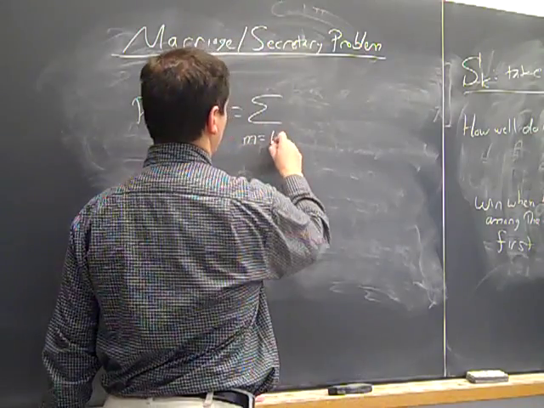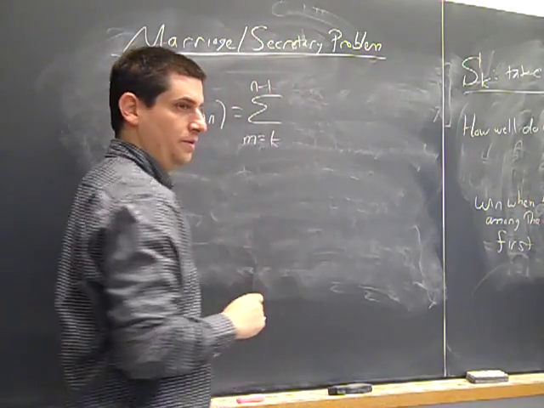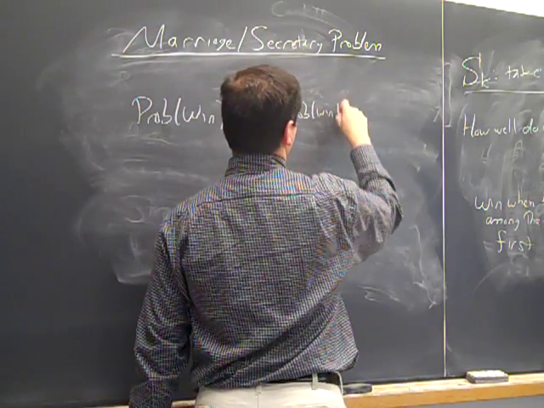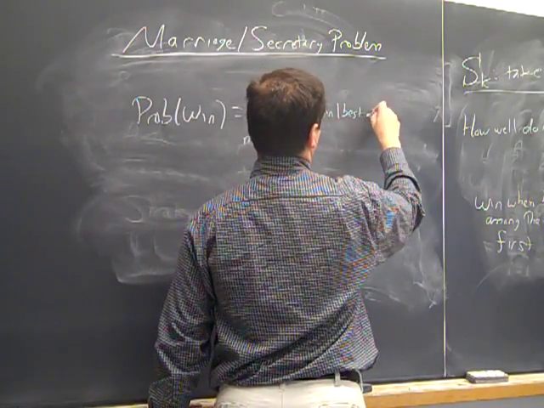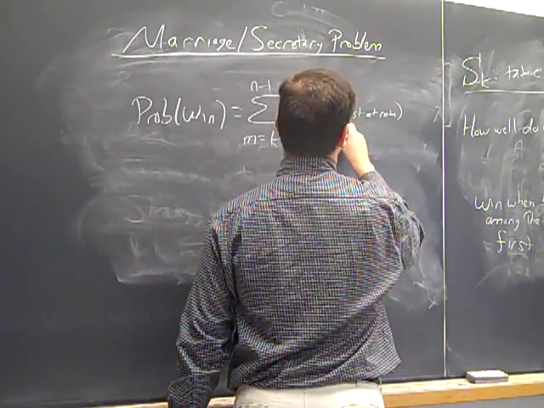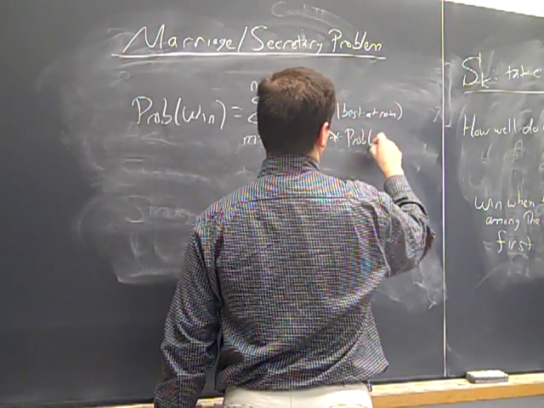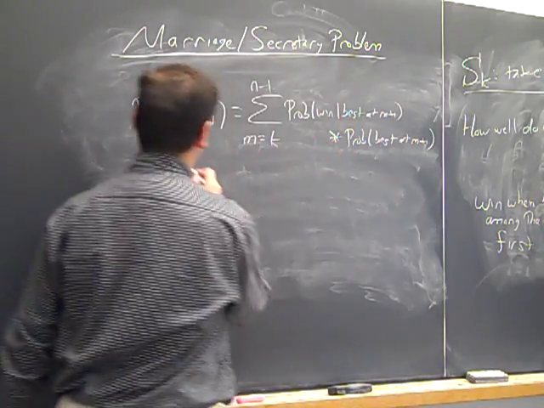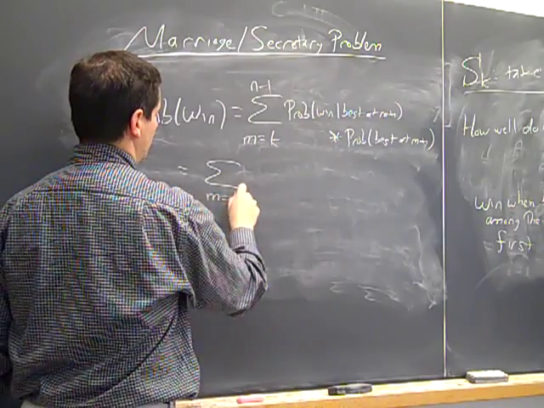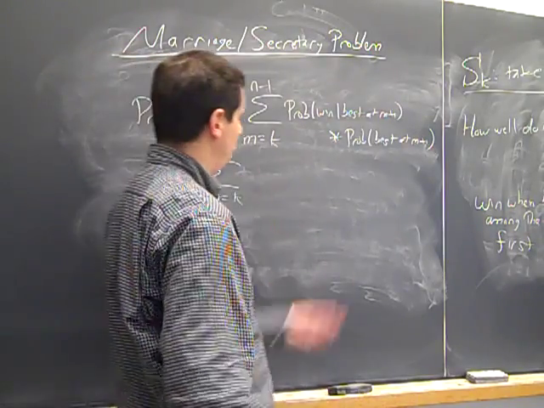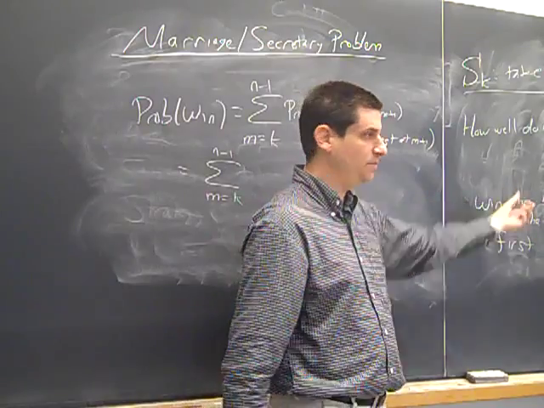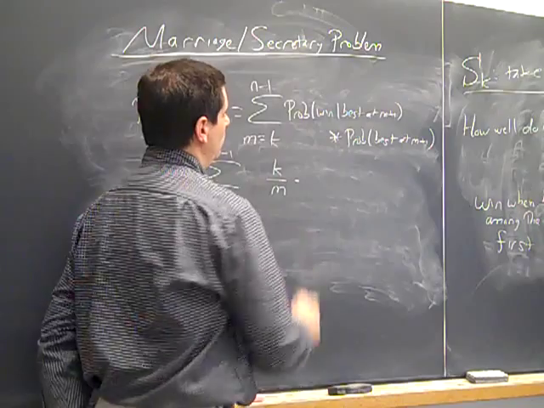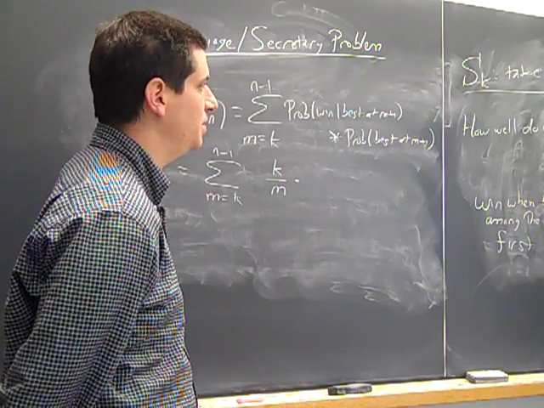So the sum starts at K and goes up to N minus 1. And it's the probability we win, given best at M plus 1, times the probability the best is at M plus 1. So we have the sum, M goes from K to N minus 1, of the probability we win given the best is at M plus 1, which is just K over M. And what's the probability that the best is at M plus 1?